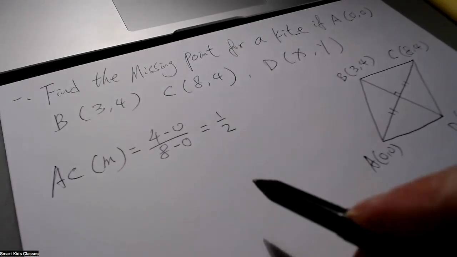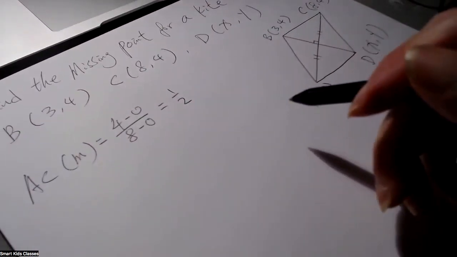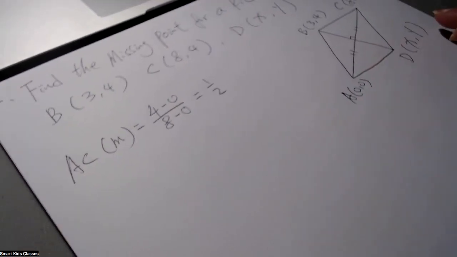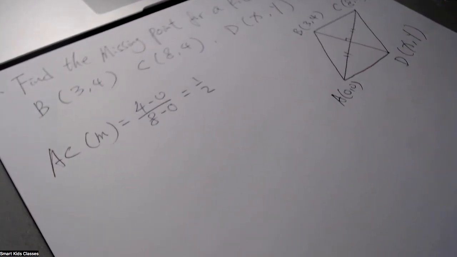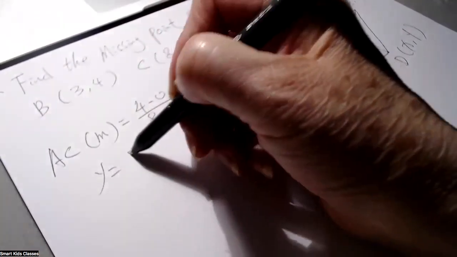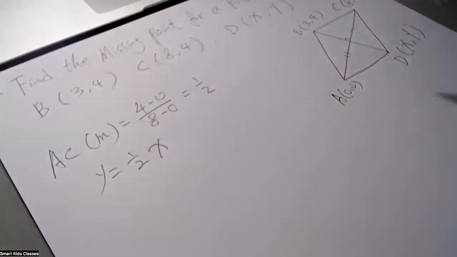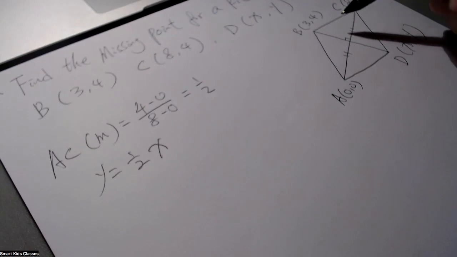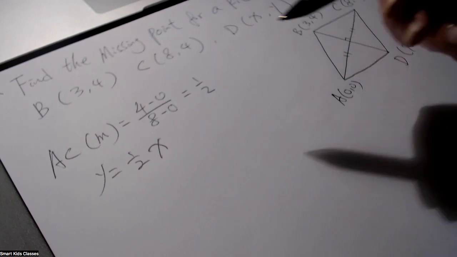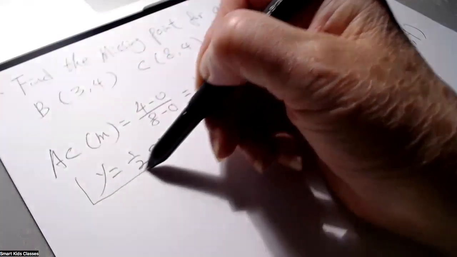So we're going to write the equation: y equals 1 over 2 x. And you know the y-intercept is 0. So we write the first equation.